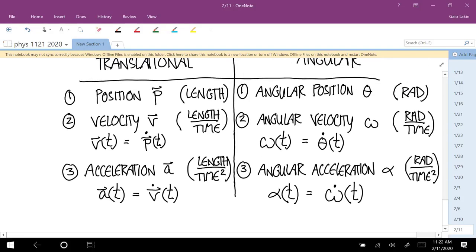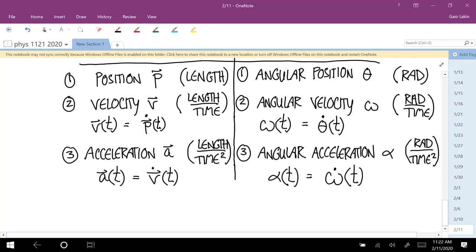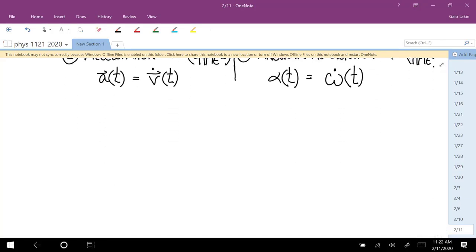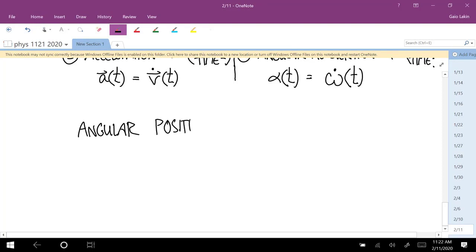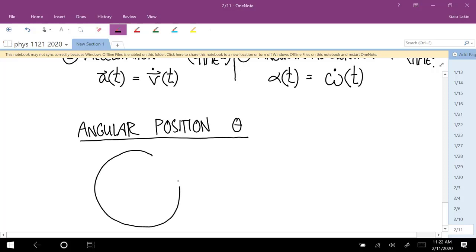And so now I just have to go through and define these. So the angular position first, theta. So if an object is moving around a circular path, and here's the center, and this is some reference line.